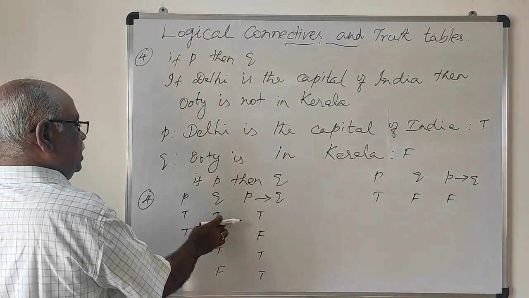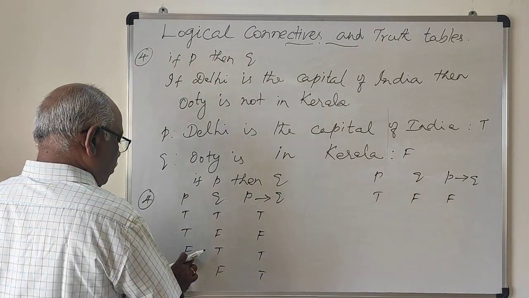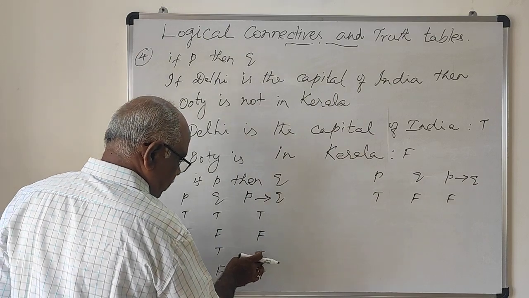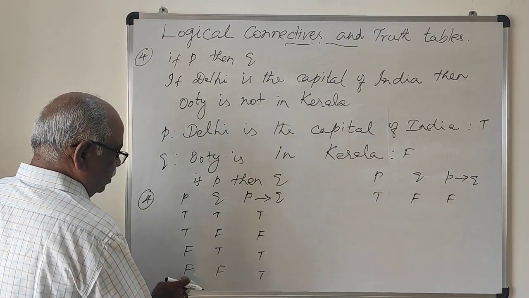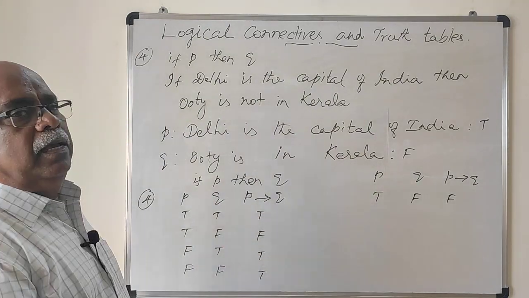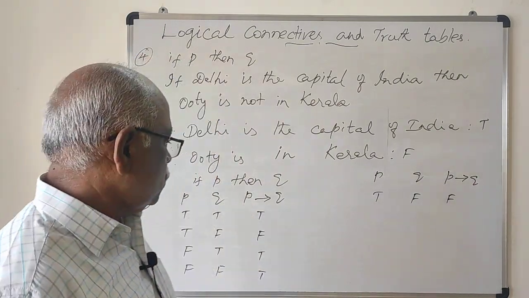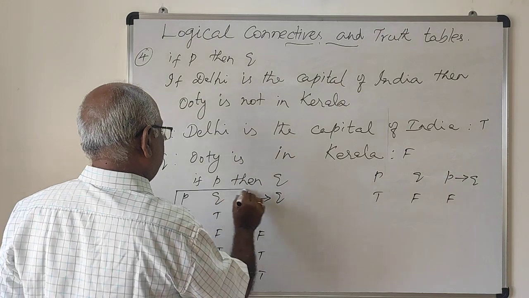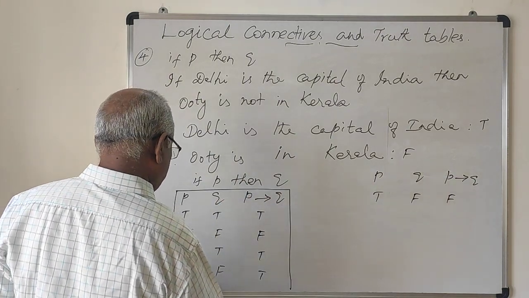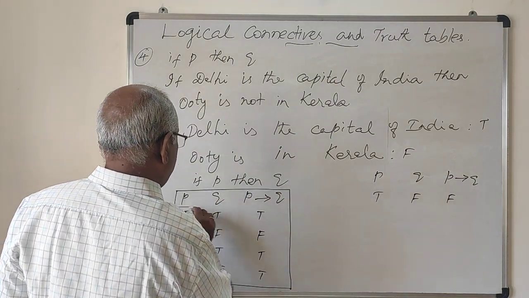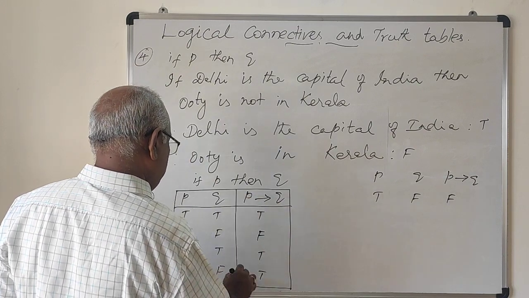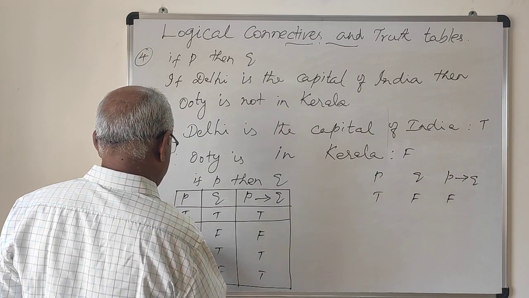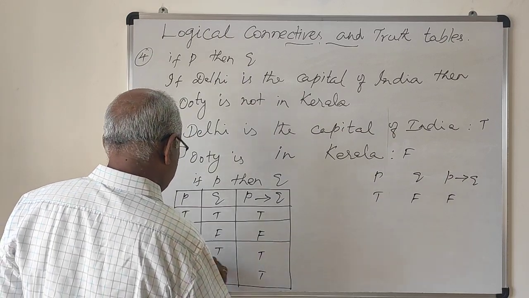If both are T, P tends to Q is T. If the first statement is false and the second is true, P tends to Q is true. If both are false, the conditional statement P tends to Q is also true. So this is the only case you have to remember.